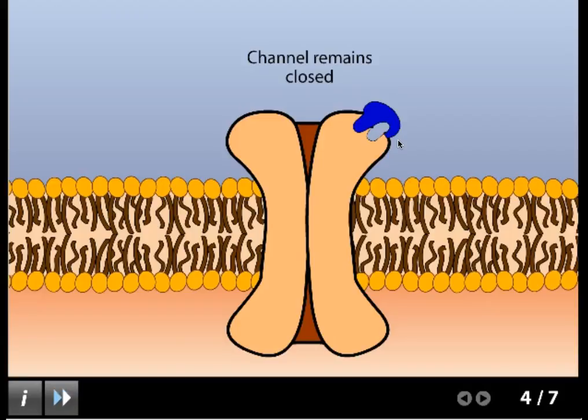Just picture it like you're trying to get through a doorway and somebody's standing in front of you. They're blocking the entrance to the doorway. That's essentially what this does. And this is what we call competitive antagonism. So this is a competitive antagonist because it's competing for the same binding site. It binds at the same site.